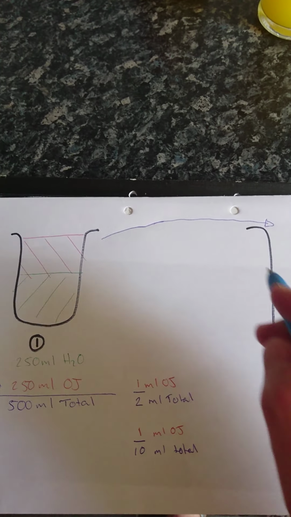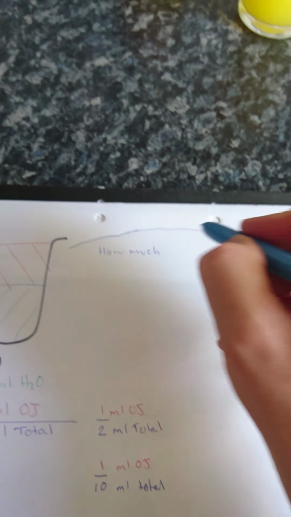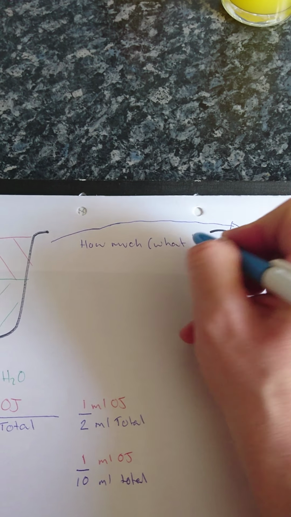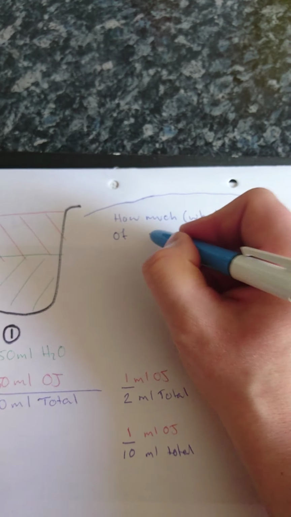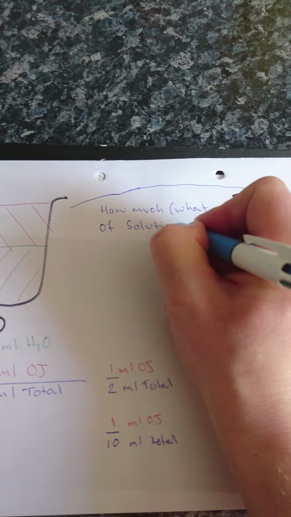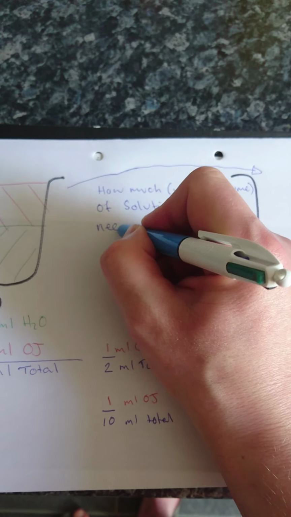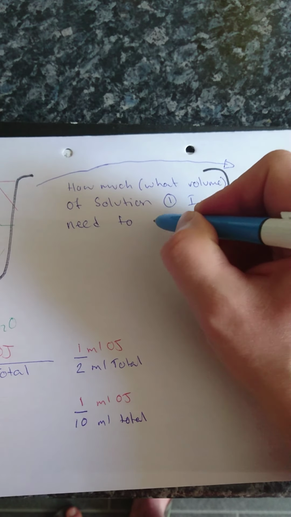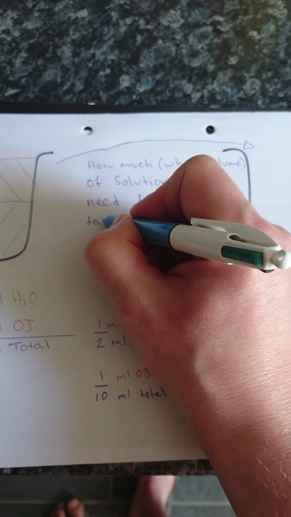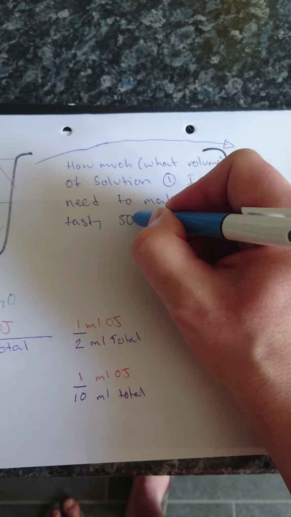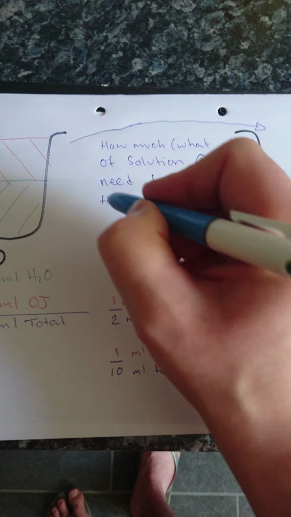I want to know what volume of solution 1 I need to make a tasty 500 milliliter glass of solution 2.